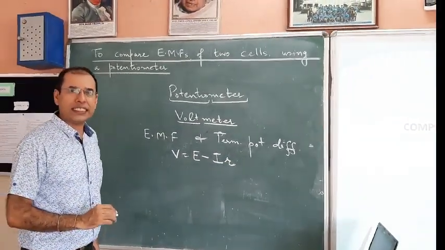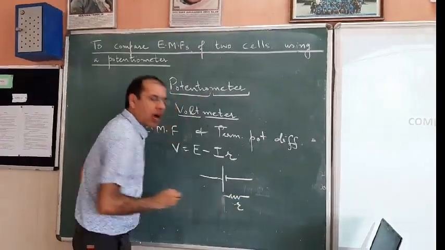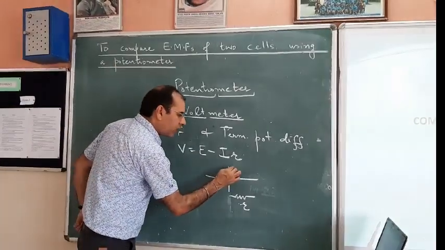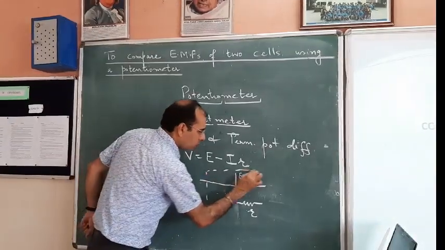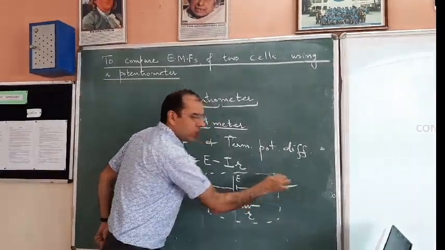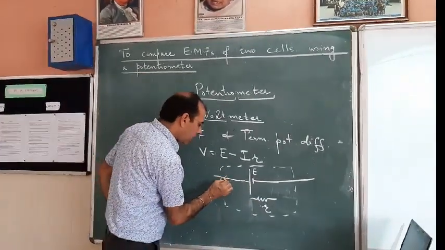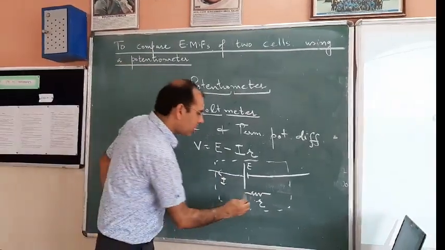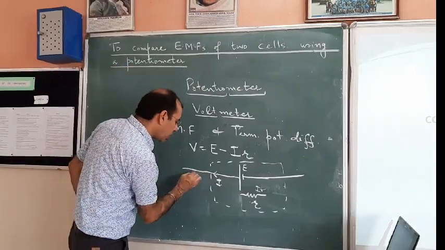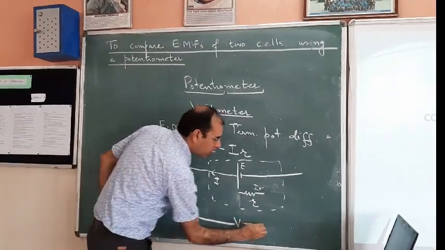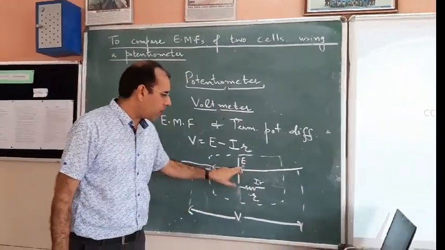If we have a cell with an internal resistance small r, and it is producing an EMF E, then across its terminals, including the internal resistance, if a current I is drawn from this cell, there is a drop of Ir across the internal resistance and the net voltage available is called the terminal potential difference, which we call V. So V is E minus Ir.